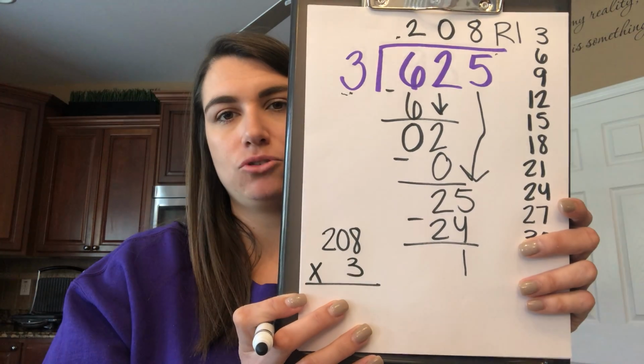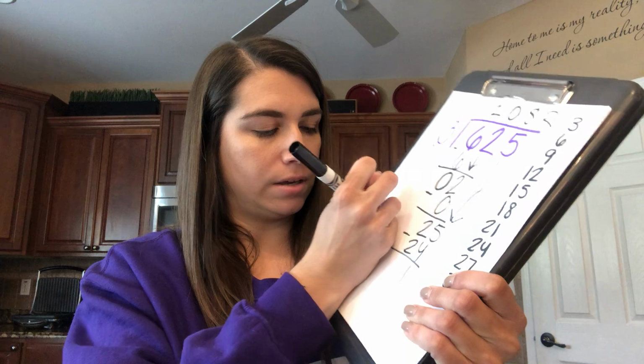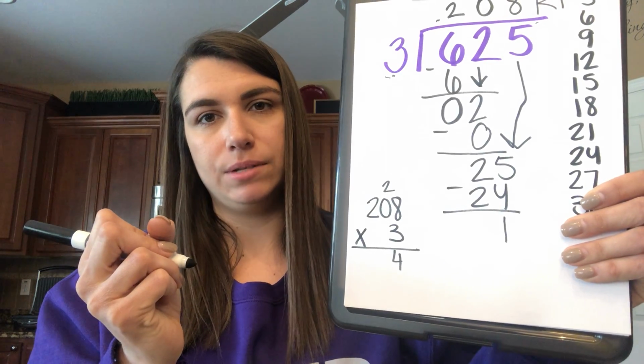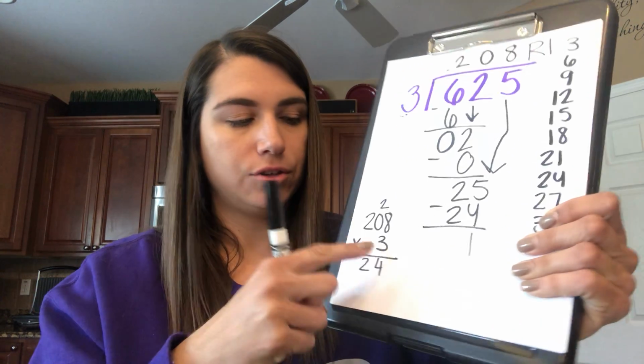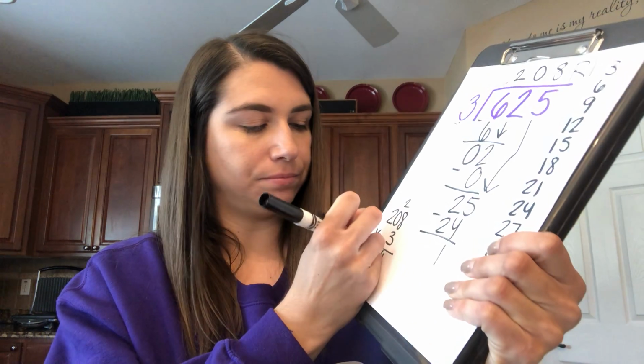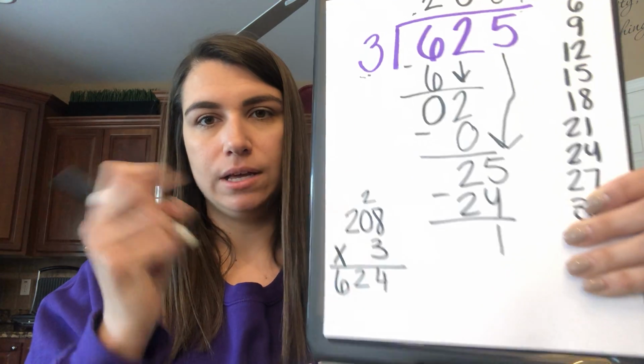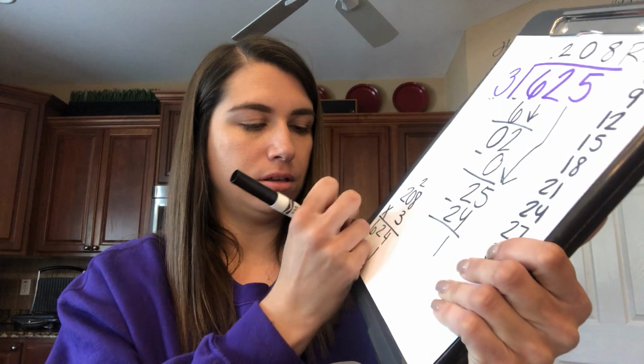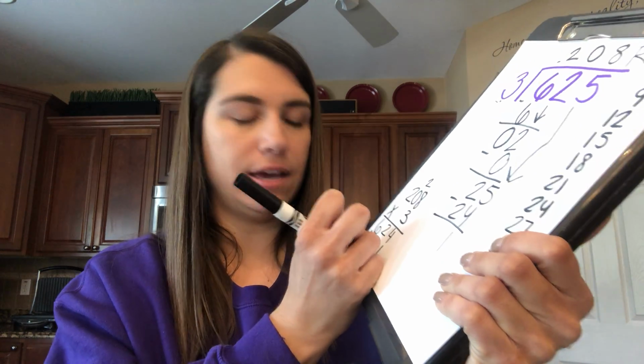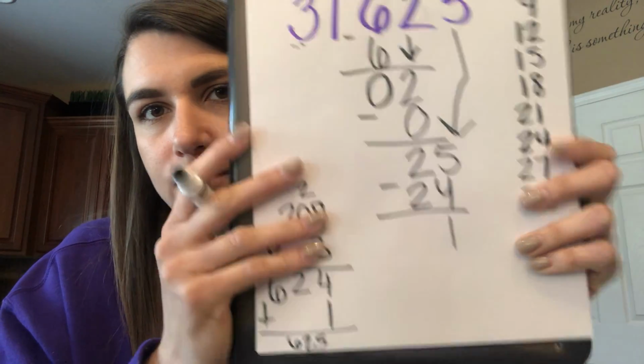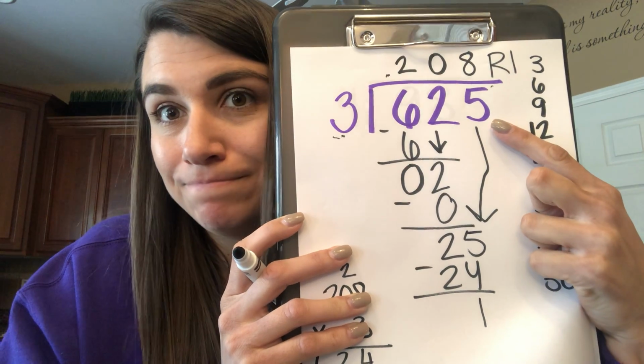So 8 times 3 is 24. Carry my 2. 3 times 0 is 0, plus 2 is 2. 3 times 2 is 6. So I got 624, but then I add in my remainder, which gets me 625, which is what I started with, this number right there. So we're good.